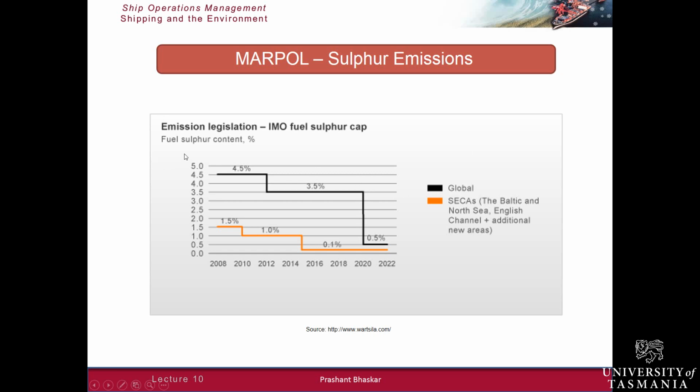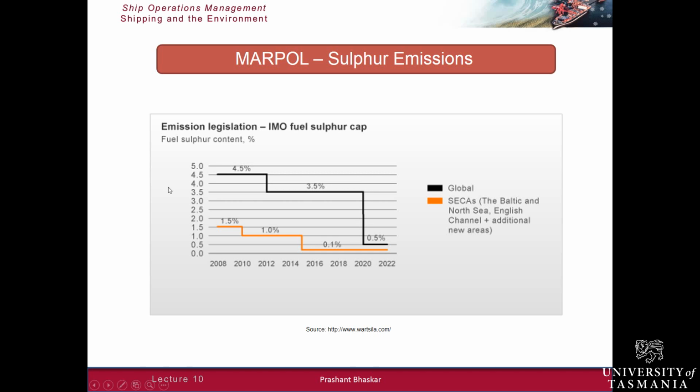The orange line shows you the fuel caps, or caps on sulfur content in fuel, when the ship is in the so-called sulfur emission control areas or SECAs. Basically, the Baltic and North Sea, English Channel, and a few other areas, whereas the black line shows you the caps for all other ships when they are not in the SECAs. And the percentages are percentage by weight.